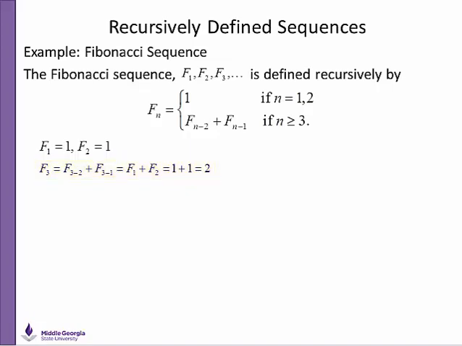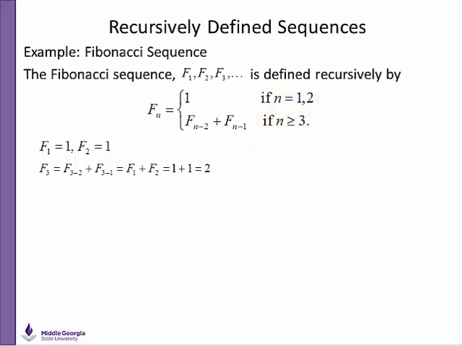You see, this definition and how it works is very much like the piecewise functions that you studied in college algebra. Each part of the piecewise function is defined differently depending on what elements of the domain are used for that part of the definition. In our case, the first part is defined for n equals 1 or 2, and the second part is defined for n greater than or equal to 3.